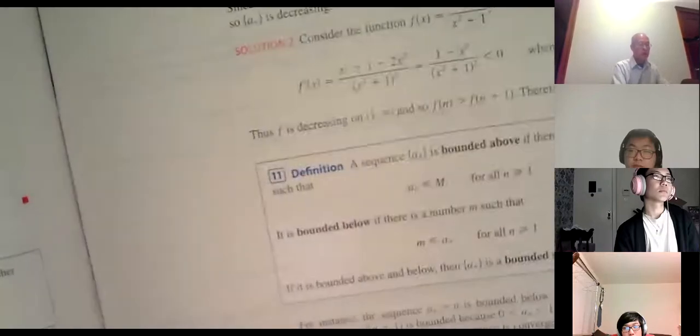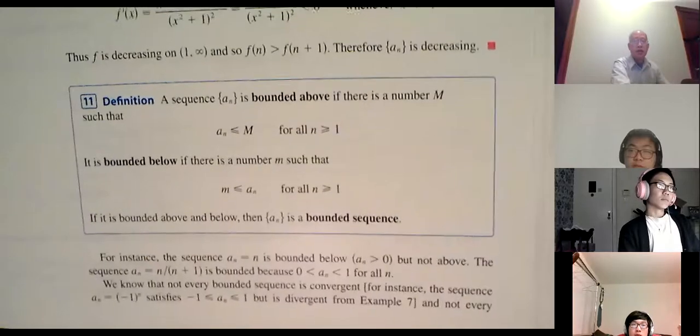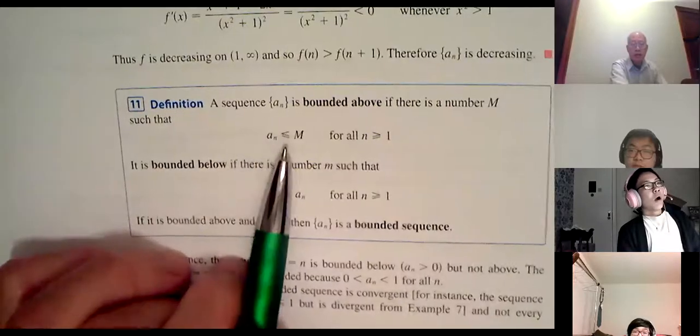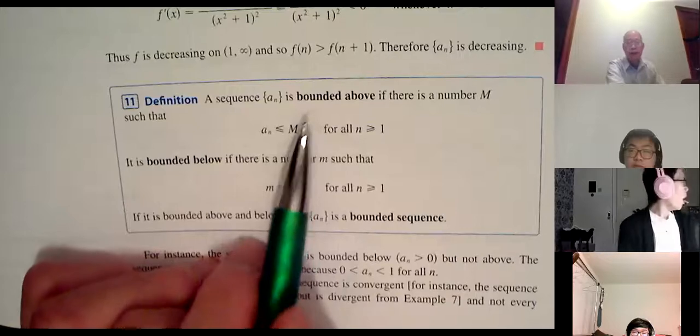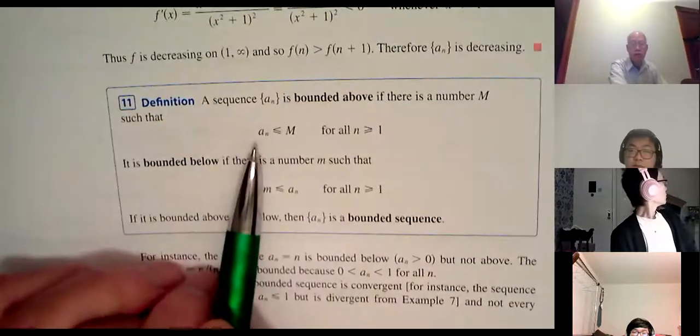A little bit more language. Page 701, that was page 700, the monotonic stuff. A sequence is bounded above if there's a number M such that a sub n is less than or equal to M for all n greater than or equal to 1. Bounded above means there is a real number which is greater than or equal to all the terms of the sequence.